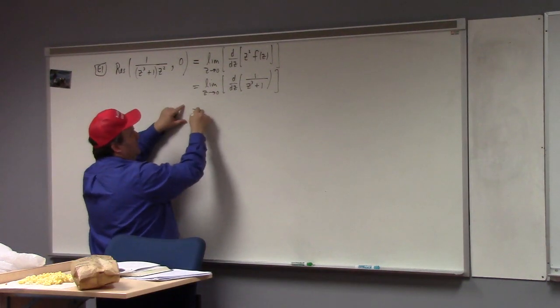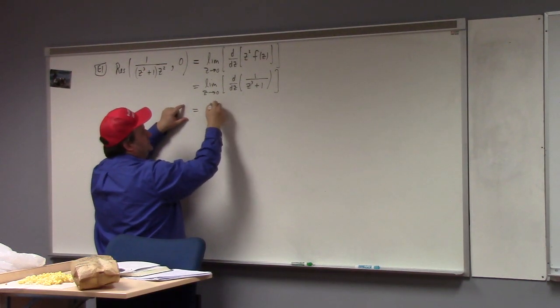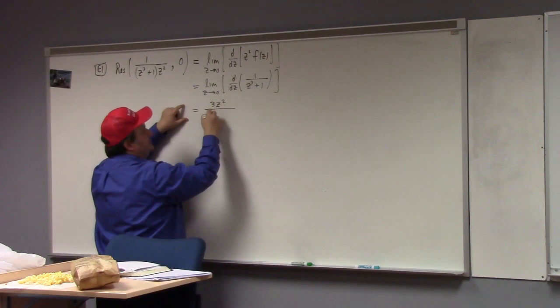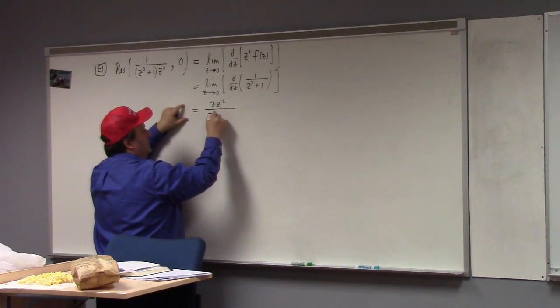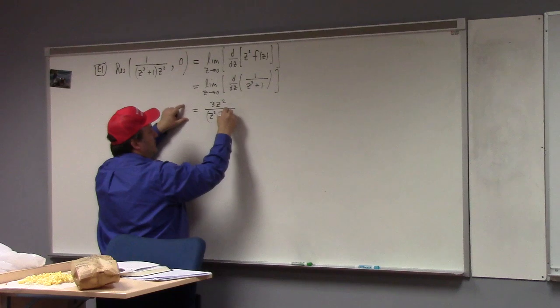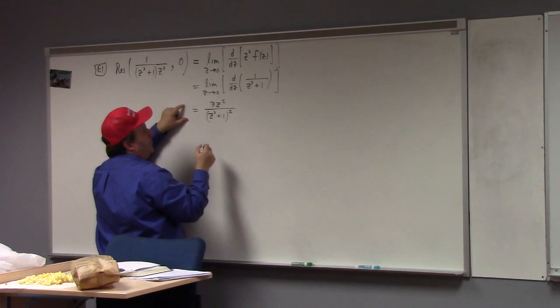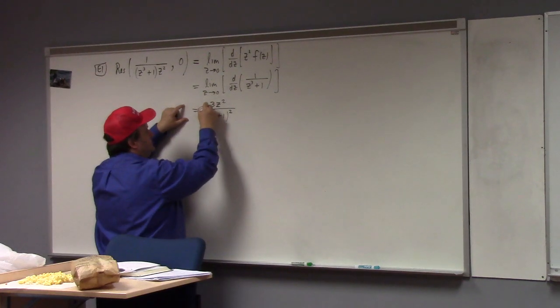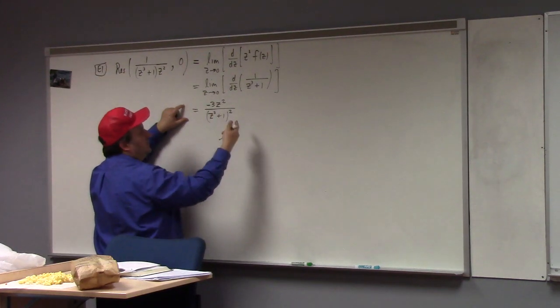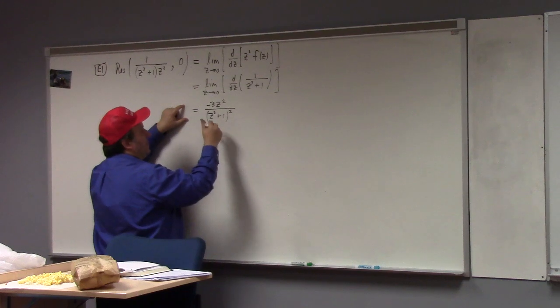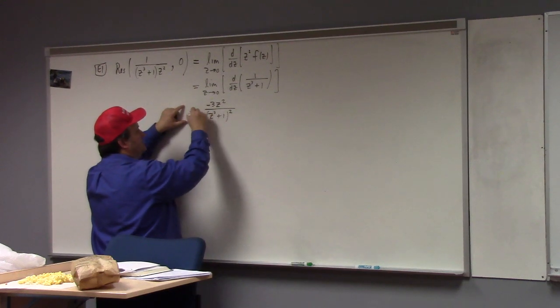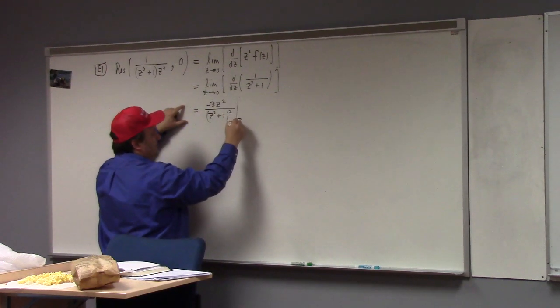So we got ourselves a minus 3z squared over z cubed plus 1 squared. There's a reciprocal function, then the chain rule, and I lost my limit. Plug in z equal to 0.